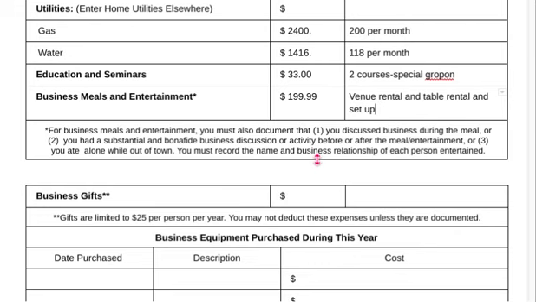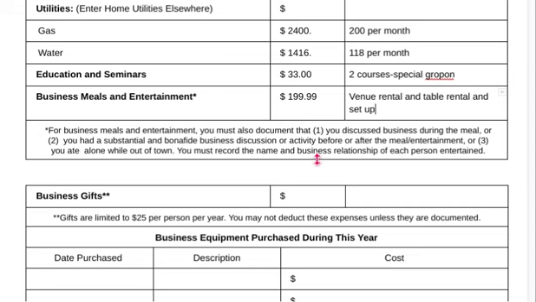You must record the name and business relationship of each person entertained. Okay? So put that in the notes here, in addition to venue rental and table rental setup.